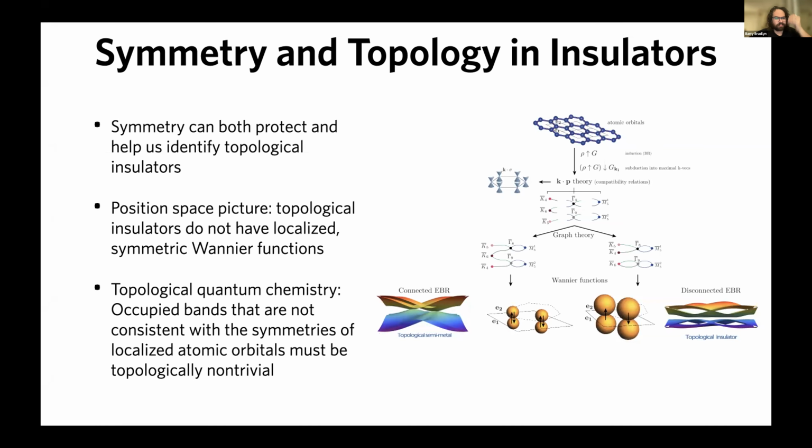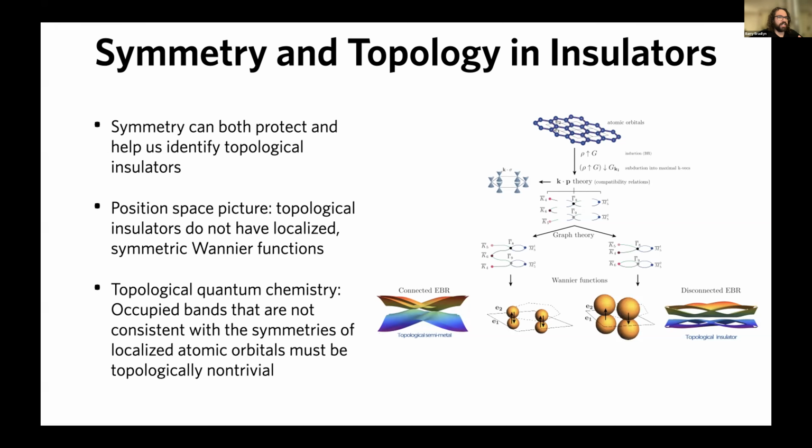The other is that the key is that the occupied bands don't have Wannier functions that are both symmetric and exponentially localized. For instance, for a 2D topological insulator, there's a very nice paper from 2011 by Soluyanov and Vanderbilt, where they look at a Kane-Mele model and try to construct Wannier functions for it.